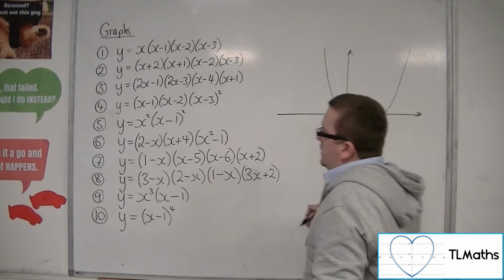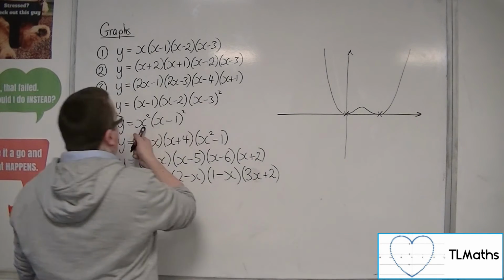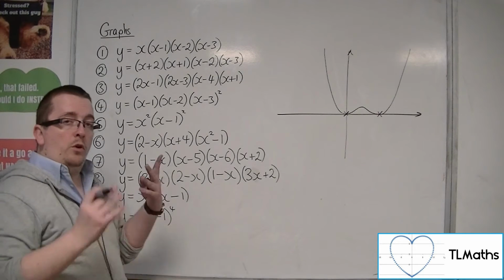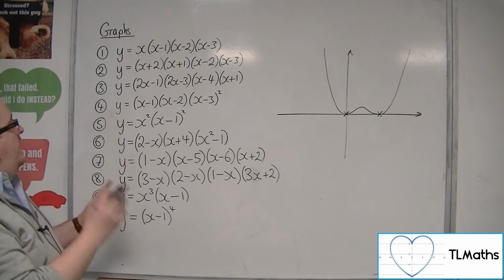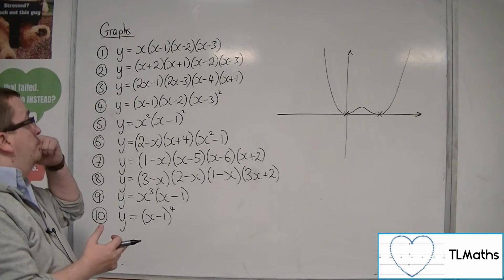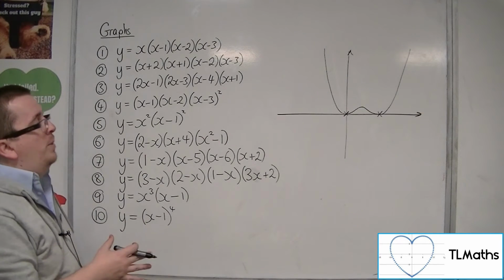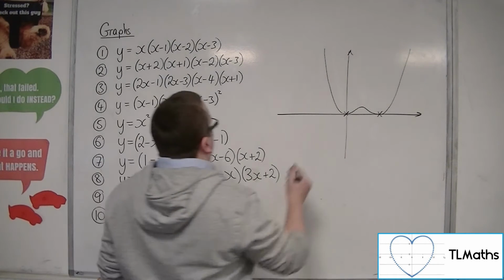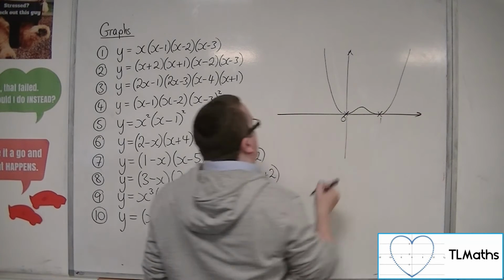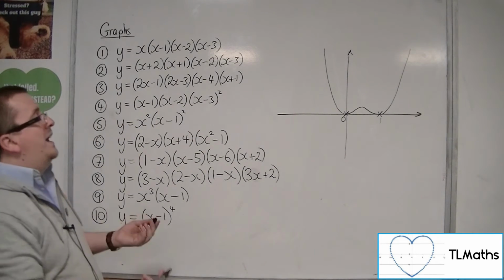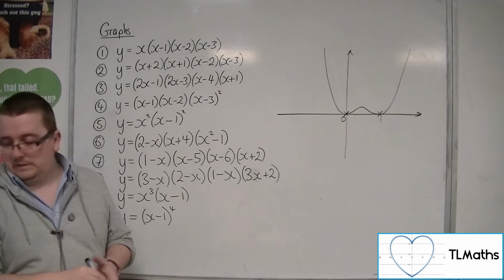Because in fact, regardless of the value of x I substitute in, I will always have a number that is greater than or equal to 0. So it will never go below the x-axis. So it must be at 0 and 1, and the curve would have to look something like this.